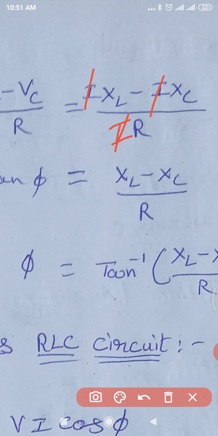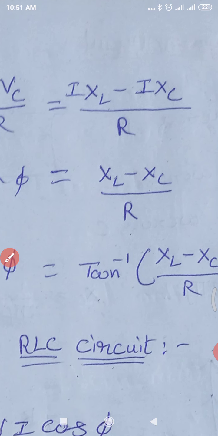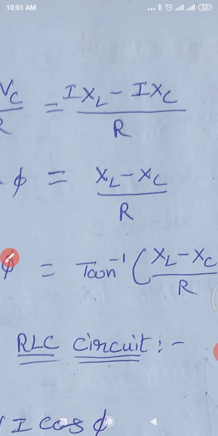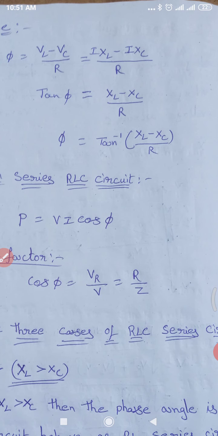Actually we have to find the phase angle phi only, so phi is equal to tan inverse of XL minus XC by R.